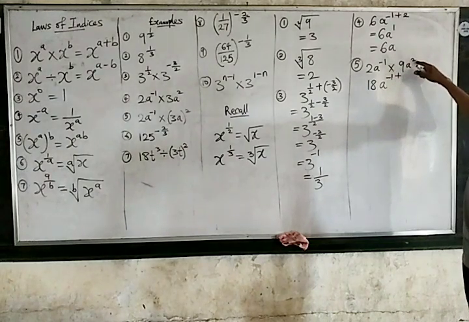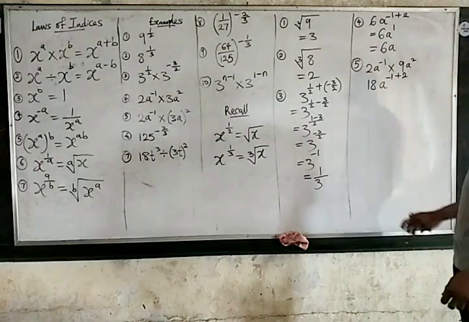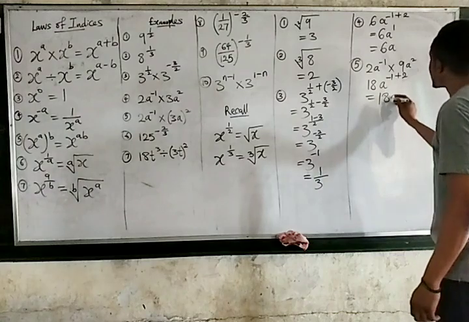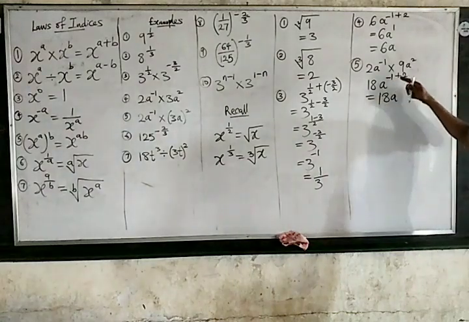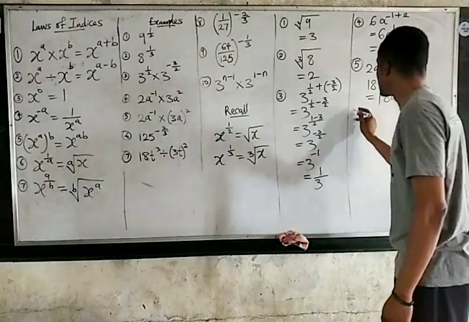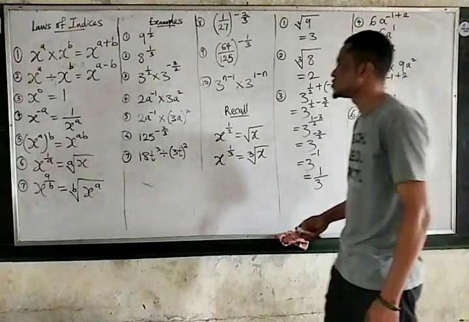Then we now have our power here, which is 2. So this will end up becoming 18a, because minus 1 plus 2 will become 1. Let's move to the next one, which is the 6th question.